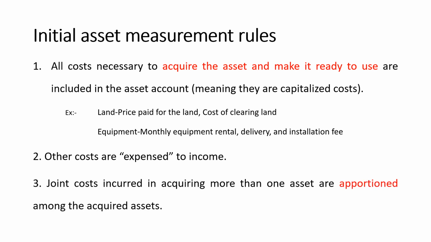Joint costs incurred in acquiring more than one asset are apportioned among the acquired assets, which means if we take a bulk of computers or a bulk of vehicles, the acquisition cost can be apportioned among the number of assets.